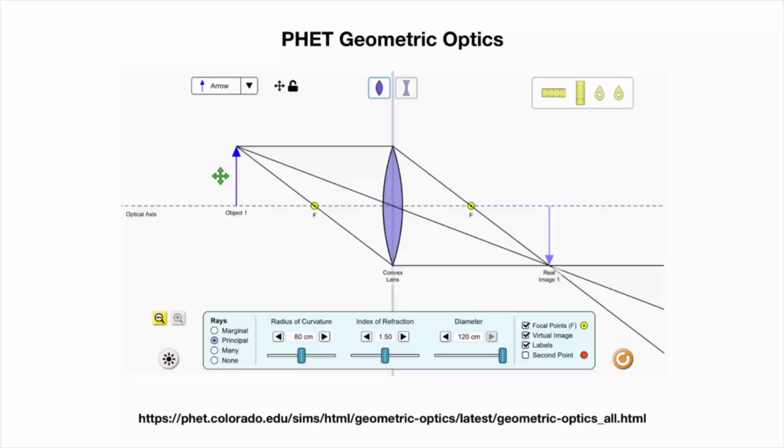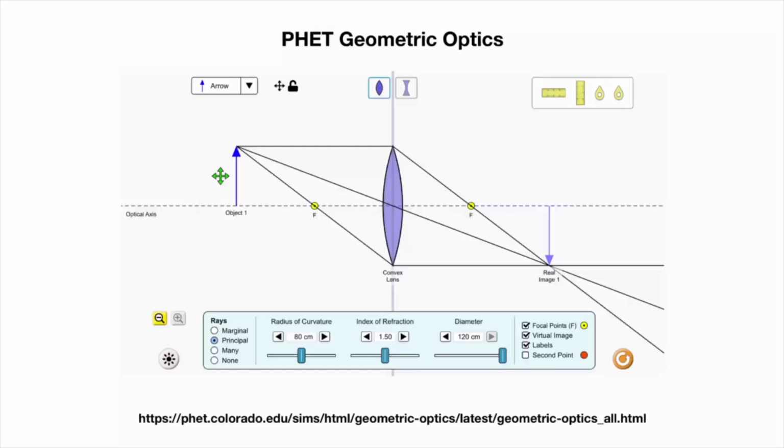The reason I show you this, so I'm going to switch away from this now, we'll come back to it when we do the other mirror. But this is for you to mess around with, to get an idea of what happens. What made the change? Where is the object in relation to the focal point for this virtual image to form? It's inside.